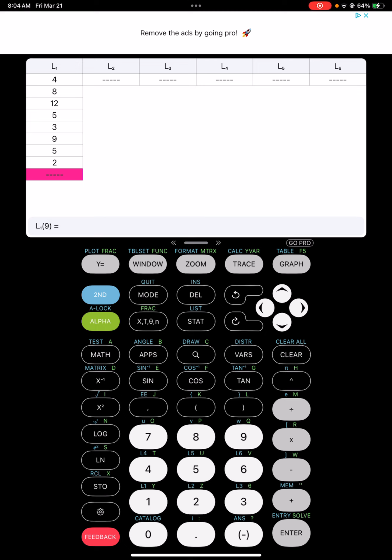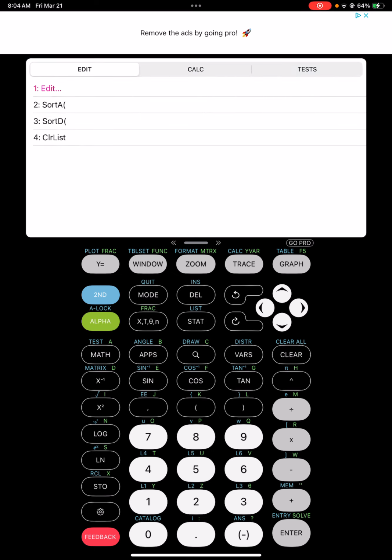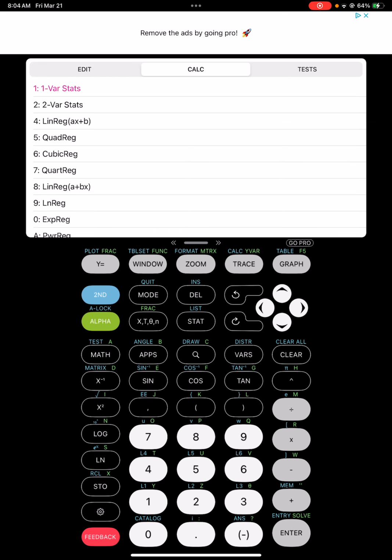So now what you're going to do is click stat again, so that middle button right here, stat, and then you're going to arrow to the right to calc. Okay, one to the right where it says calc. And I'm sure you guys are probably laughing for whatever reason. So what we are doing now is statistics.